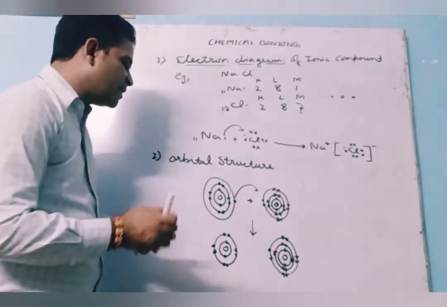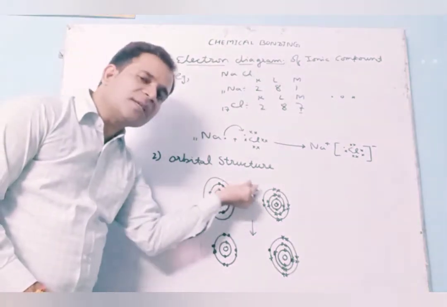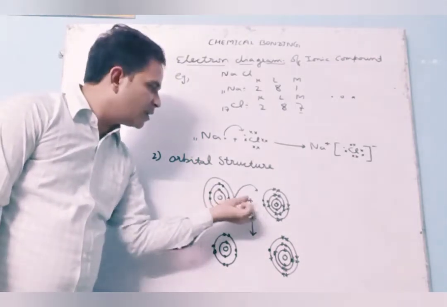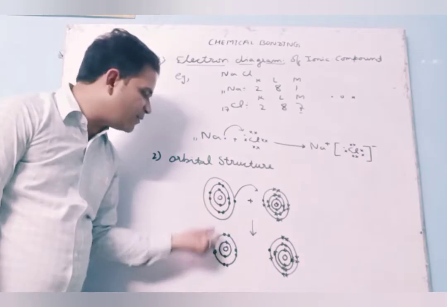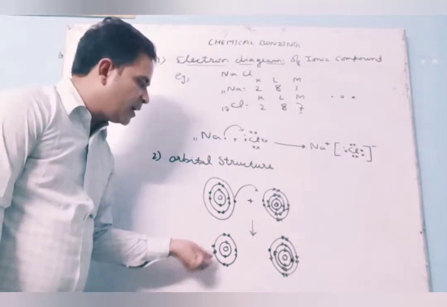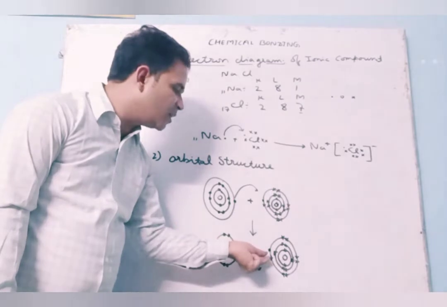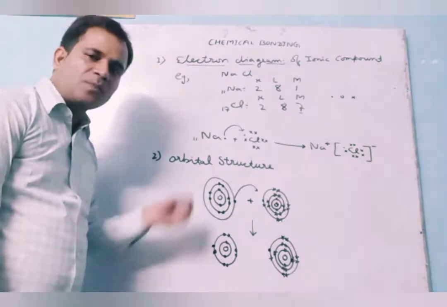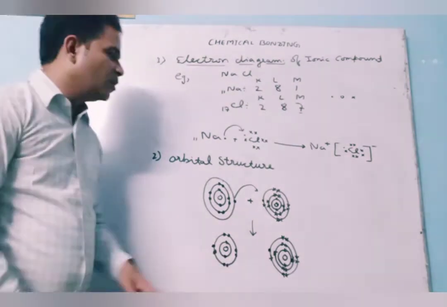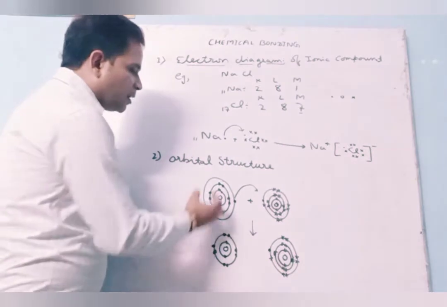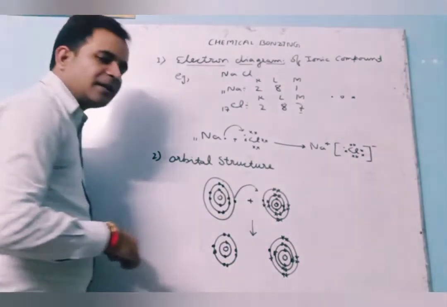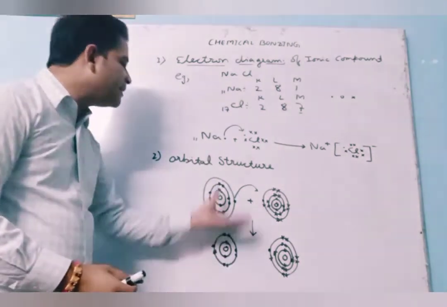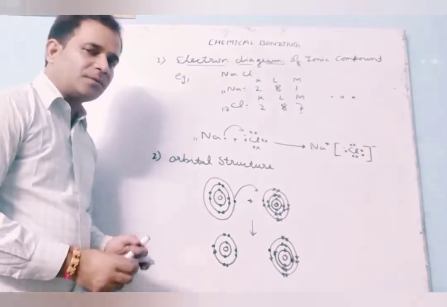So see what I am saying here, when one valence electron is lost from the sodium, then the chlorine gains one electron. So what we see here, the 2 orbitals are left, and here chlorine is gaining its electron from the sodium to become stable. So one is losing an electron and the second one is gaining an electron to become stable. So this one is the orbital structure of the ionic compound.